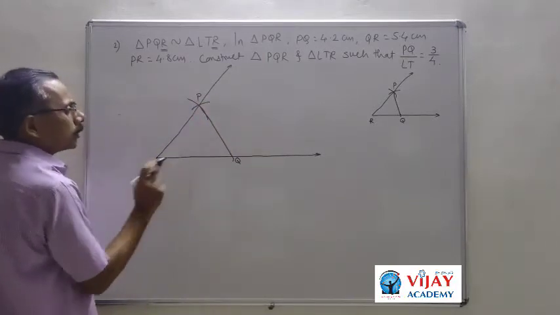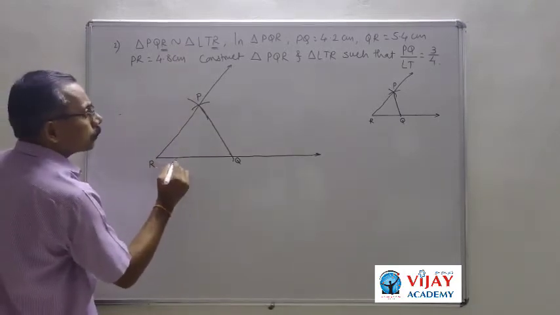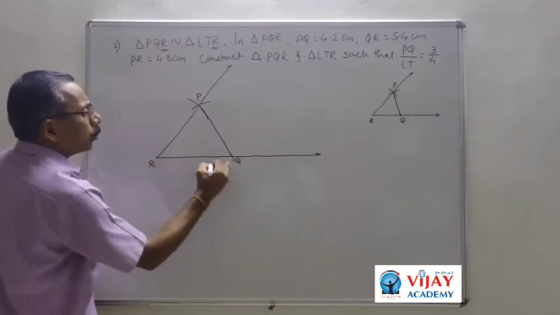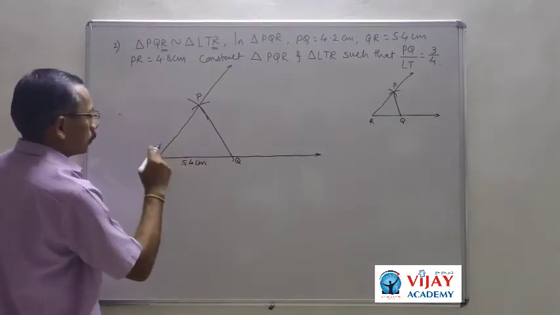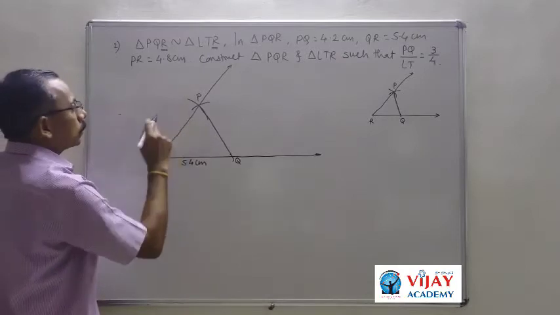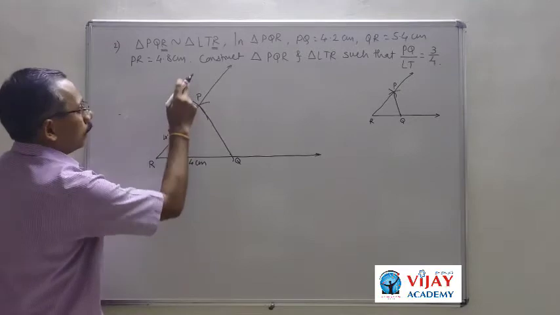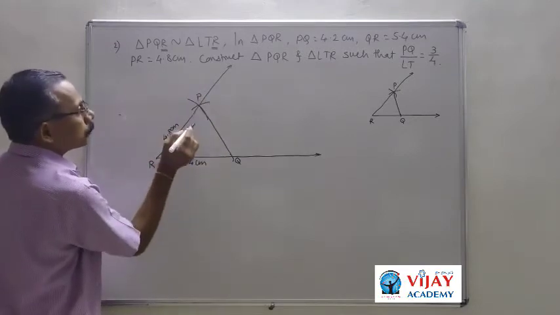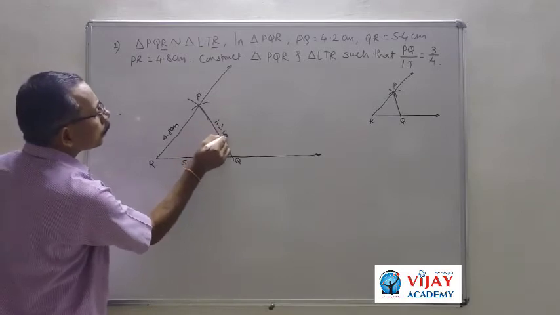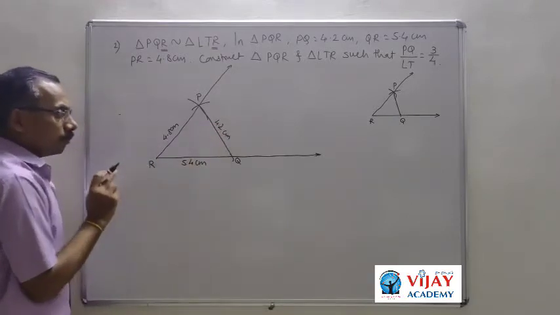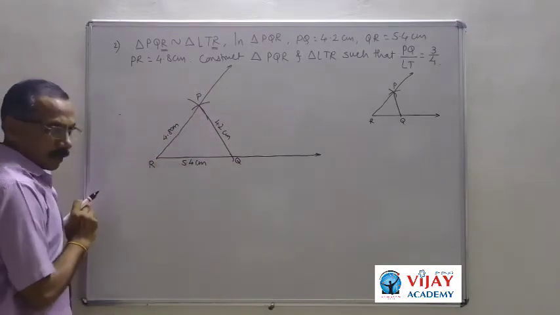Now write down the lengths of the corresponding sides: QR 5.4 centimeter, PR 4.8 centimeter, and PQ 4.2 centimeter, and we get this basic triangle PQR.